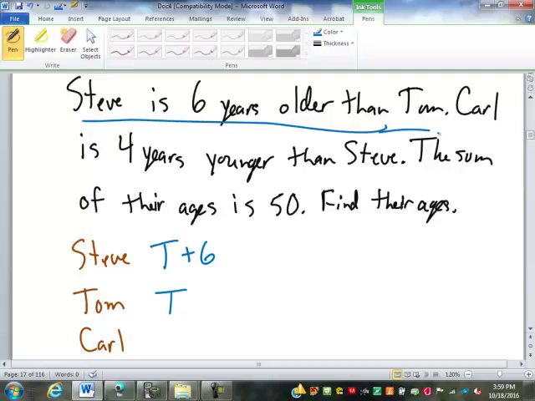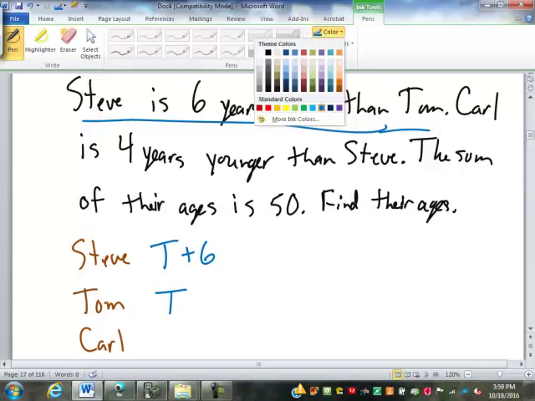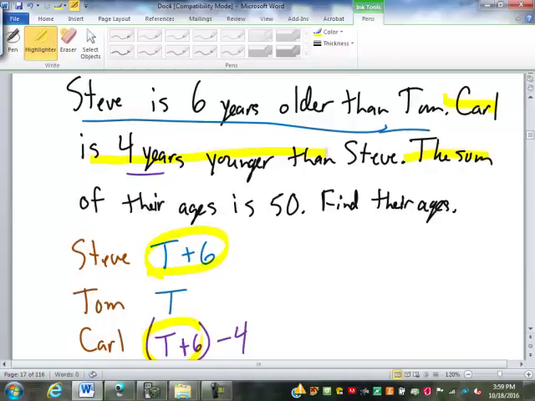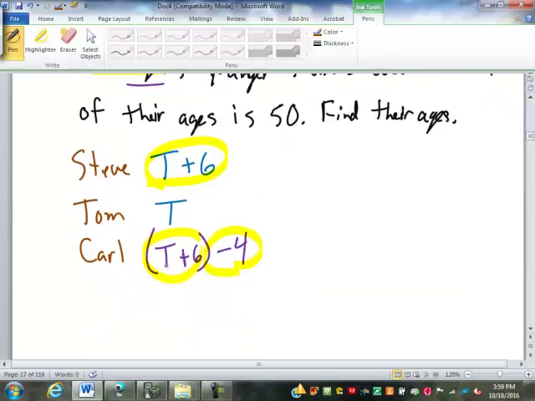Carl is described in terms of Steve. So Carl is 4 years younger than Steve. So we're going to take Steve, which is T plus 6, and we're going to subtract 4 from it. So what we have here, the T plus 6 represents Steve, because Carl is 4 years younger than Steve. So we subtracted 4 from that age.